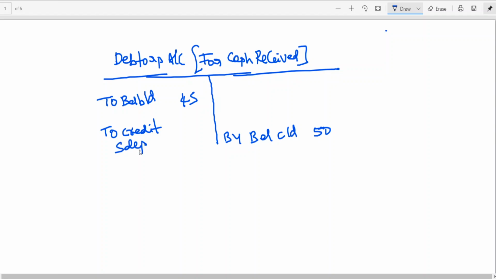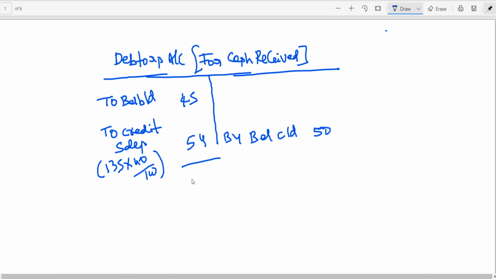To credit sales. What are the credit sales here? 135 crores is total sales. 60% is cash sales, so 135 crores into 40%. So 135 into 40% comes to 54 crores.